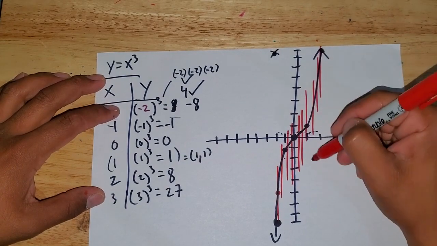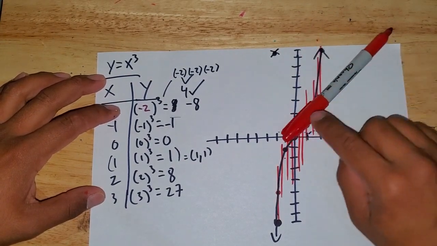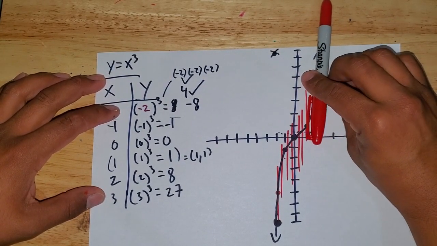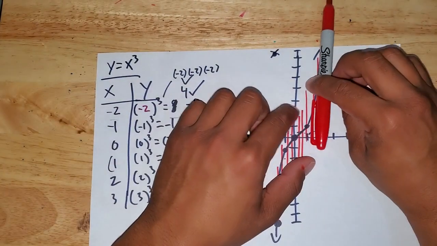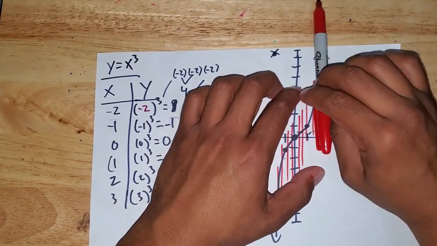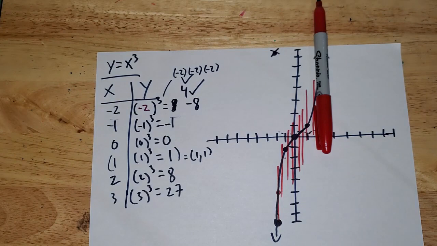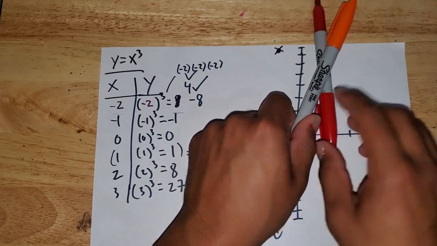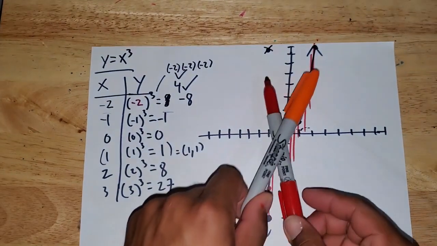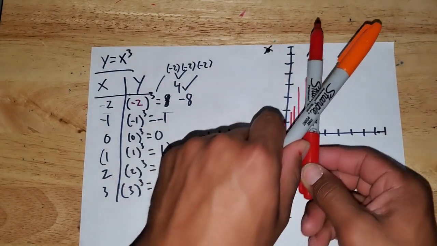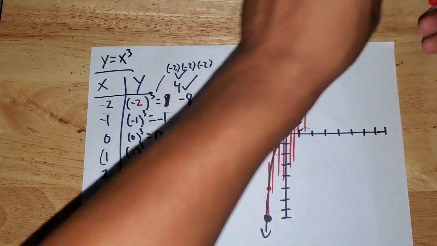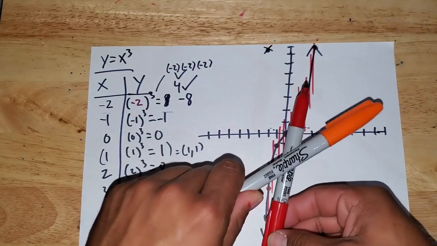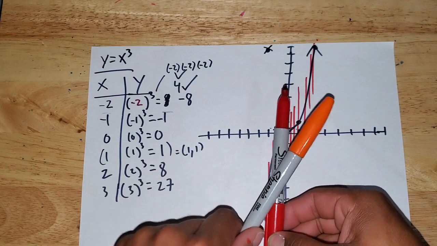If I keep doing it again, this keeps going to exaggerate it. This goes like that forever. So every time you make a vertical line, anywhere on this graph, it's going to look like this. Anywhere you go here, it's always going to keep going like that. Same thing down here, but down here it's going to look like this.